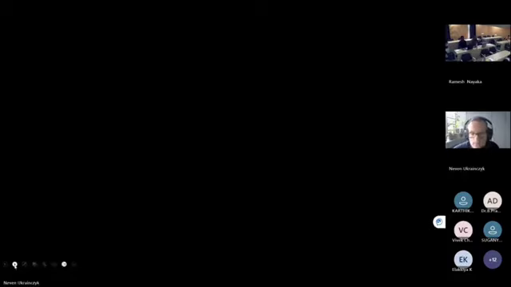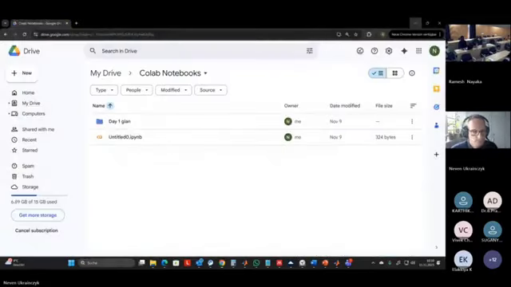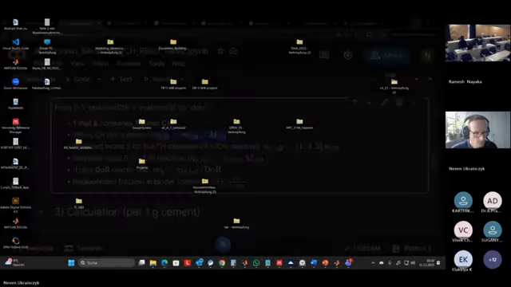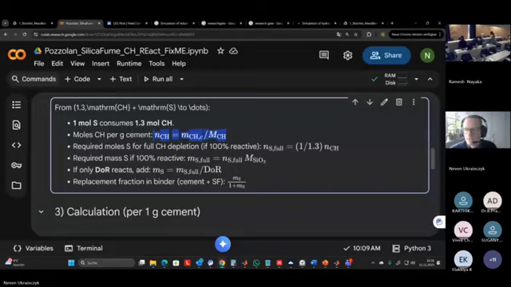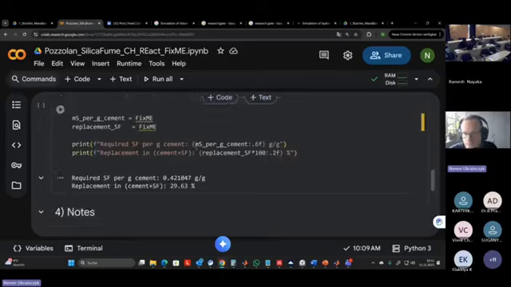No, I think my drawing has disappeared. But basically, the mass of the silica fume is the molar mass of the silica fume divided by the molar mass of the portlandite, which you can see here also. Let's see in the calculation. Maybe it's easier to see there.